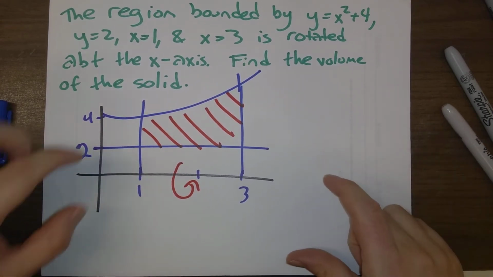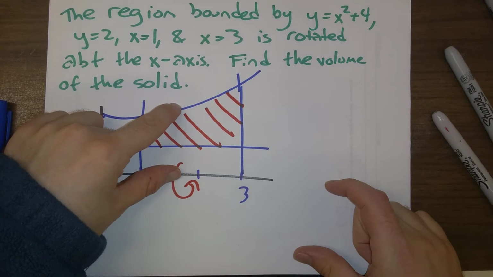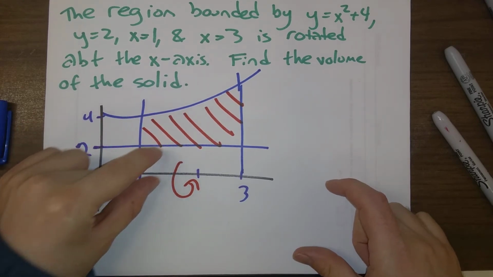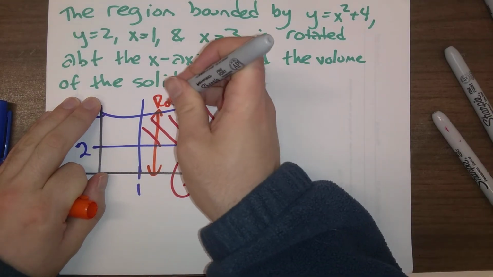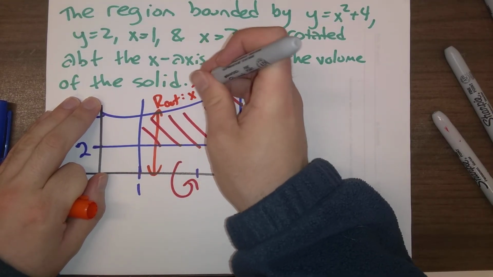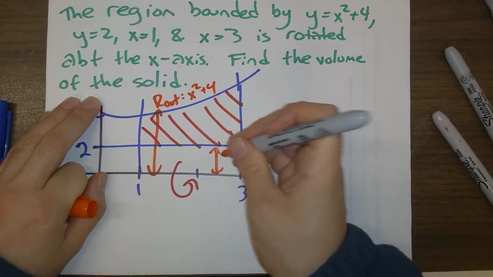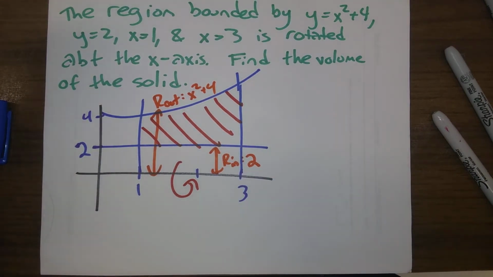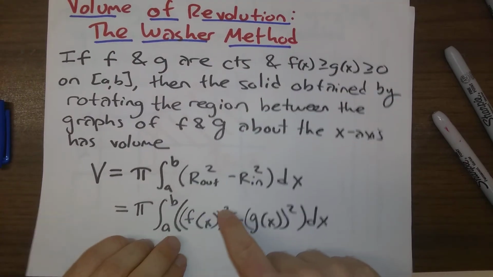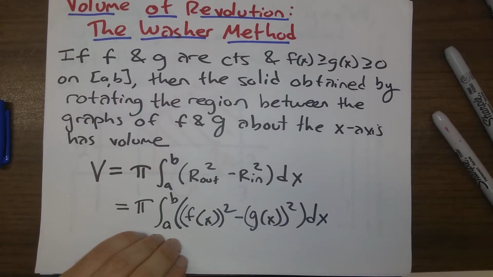Okay, so our outer radius is going to be x squared plus 4. Our inner radius, let's label that. R sub out is x squared plus 4. R sub in is equal to 2. And so all we have to do is copy down this formula right here.